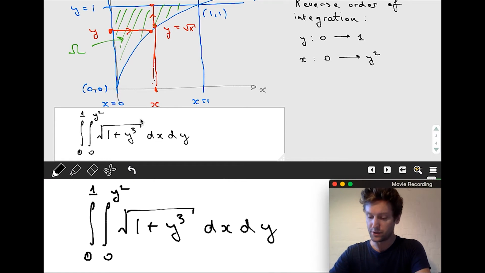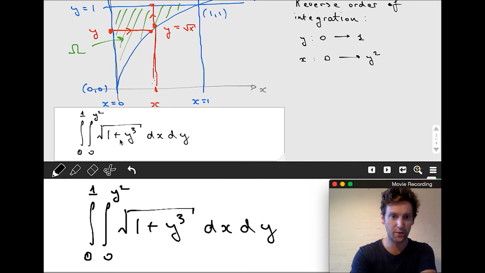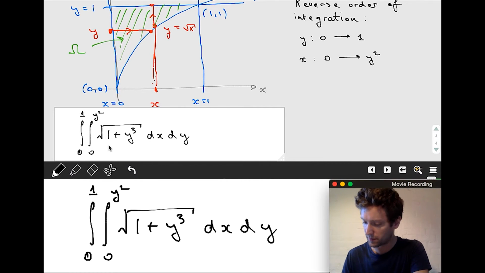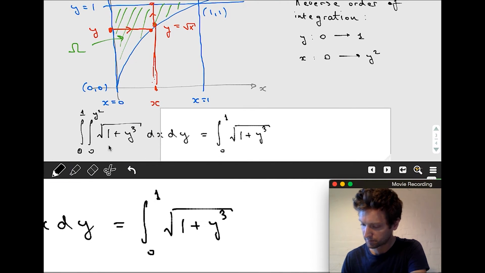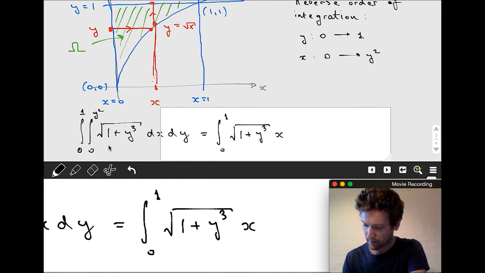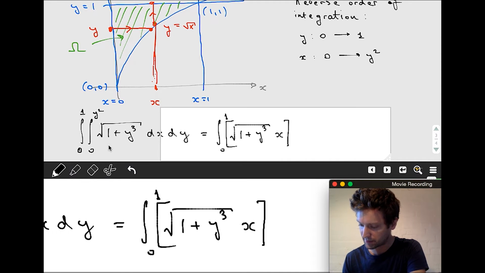Alright, so now we're ready to do this integral. We see that the first integral, the x integral, doesn't actually have any x's in the integrand here, right? So when I do that integral, I'm just going to have my integrand multiplied by x, because I'm treating y like a constant. Multiplied by x, and we're going to evaluate it at the limits 0 to y squared, dy.